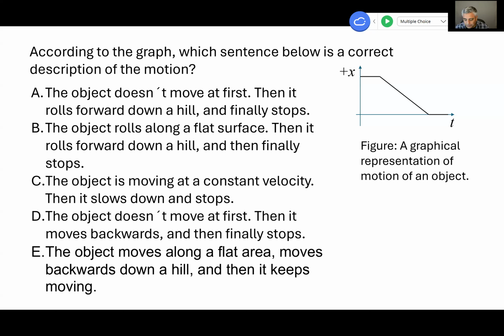Okay, so now here is another question. Think in terms of slope. If you are looking for the speed or velocity, you need to think in terms of slope. Okay, slope of the line segments.